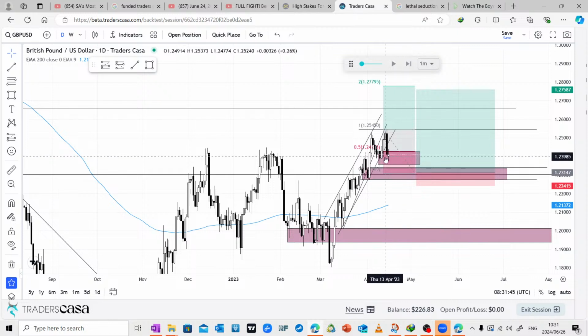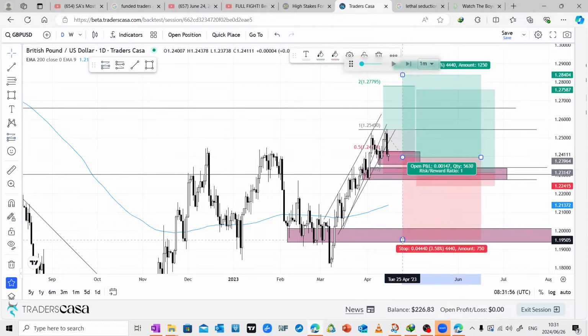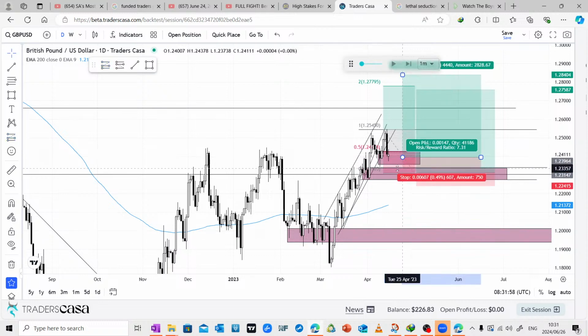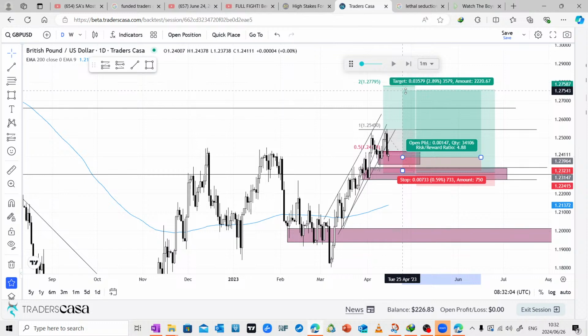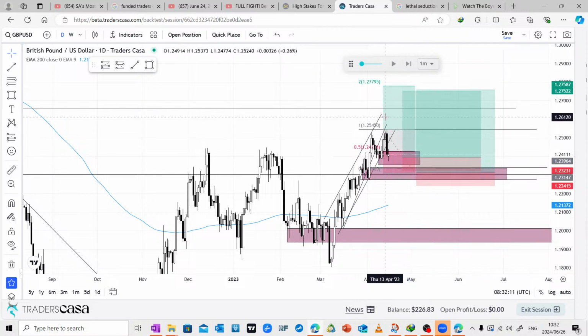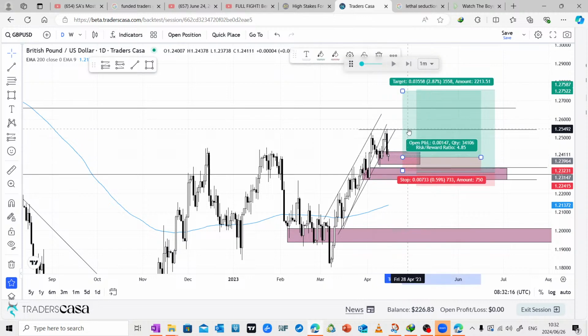And if it does keep respecting going to the upside and it doesn't change in character, I could take another less risky and another risk entry right below there to take my profit target somewhere there. Right. So let's see. So this is the first entry.